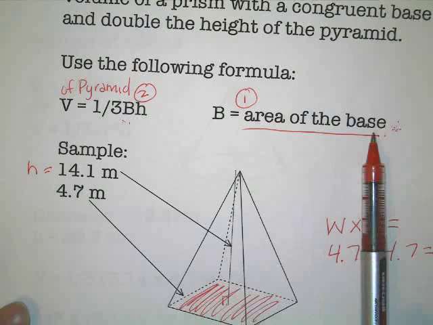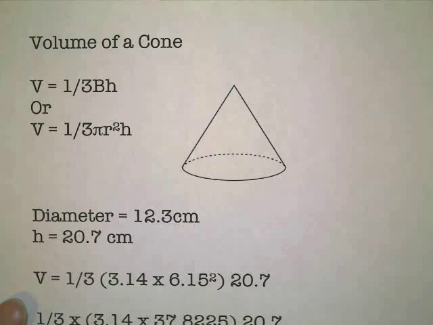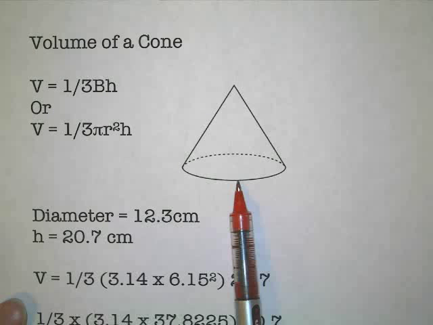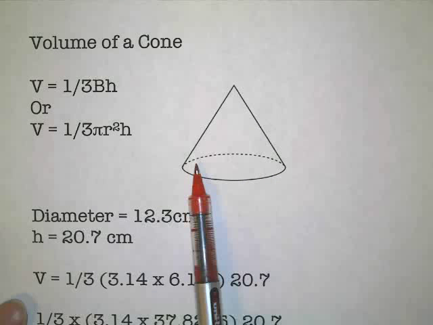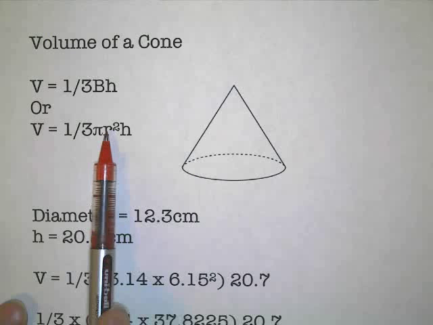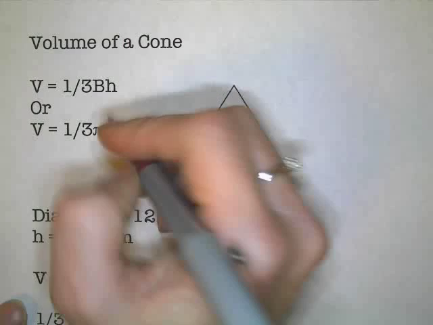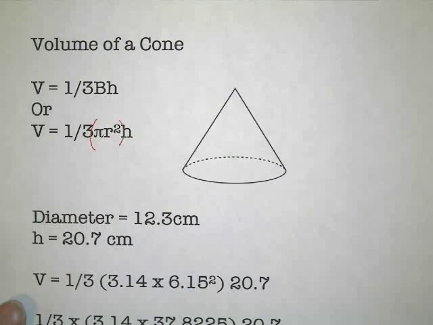The area of the base, right? Cameron, what is our base? What is this figure? A circle. How do we find the area of a circle? Pi r squared. This right here is base. Yeah?